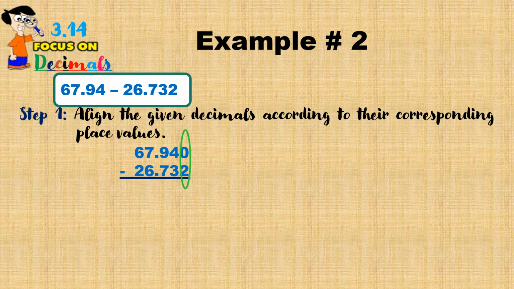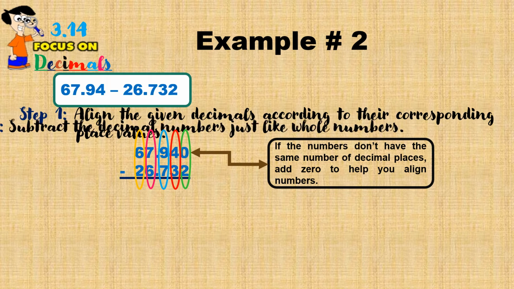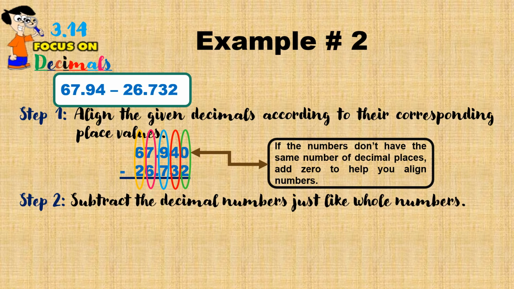We have thousandths, hundredths, tenths, ones, and tens. If the numbers don't have the same number of decimal places, add 0 to help you align numbers. Step 2. Subtract the decimal numbers just like whole numbers.